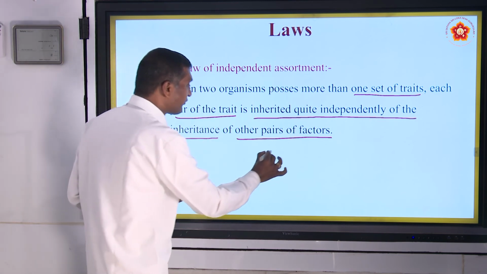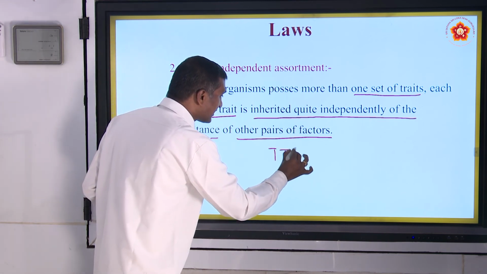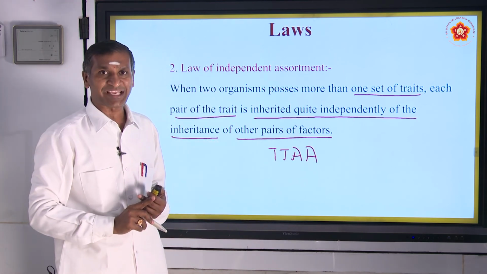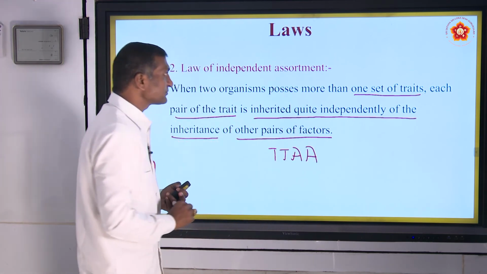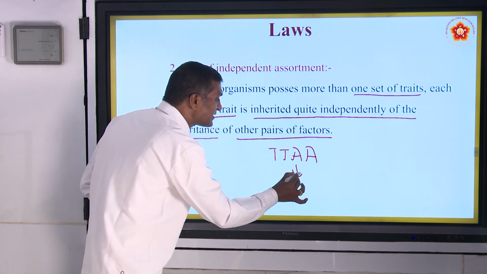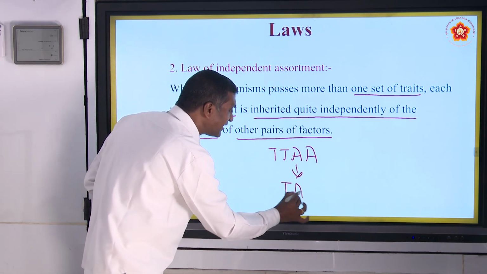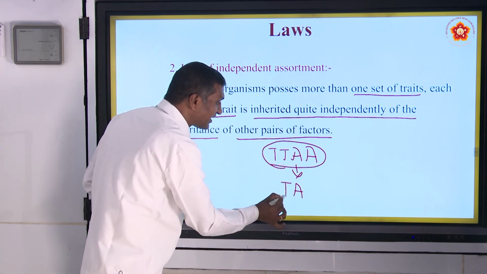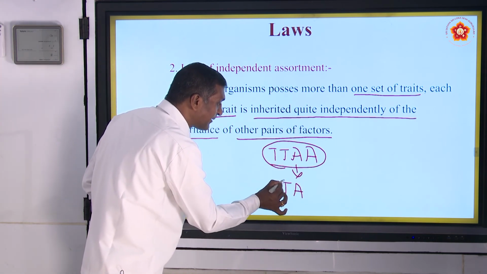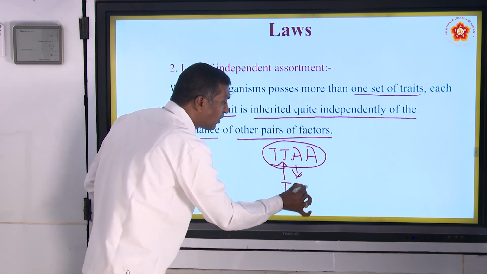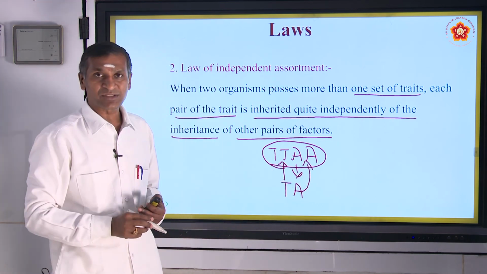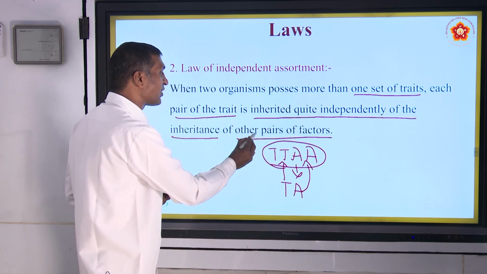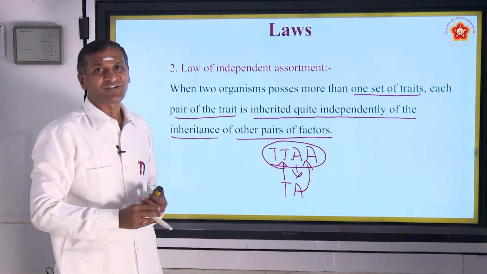So, what it means? Now, for example, if I am going to take capital T and capital A, more than one character, then independent assortment says that when the gametes are formed, even though both are together, the gametes will represent the tall character also and the axial character also, independently of the inheritance of other pairs of factors.